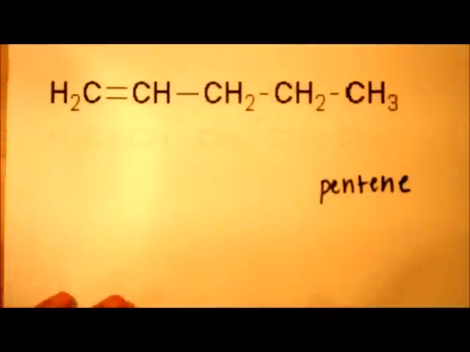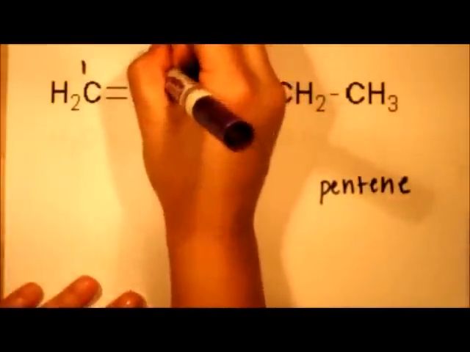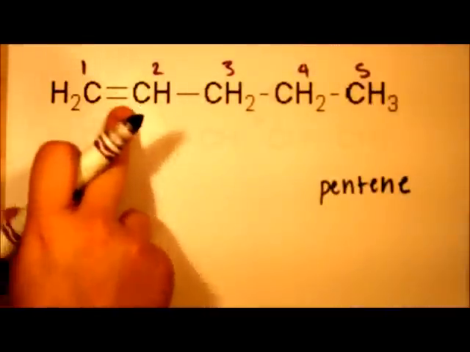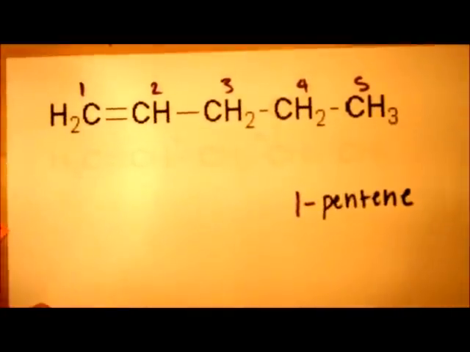And like our branches, we always want to number a chain so that our bond has the lowest number. So here we would number 1, 2, 3, 4, 5. So our double bond would be at 1, so we just call this 1-pentene, and that is the name of that compound.